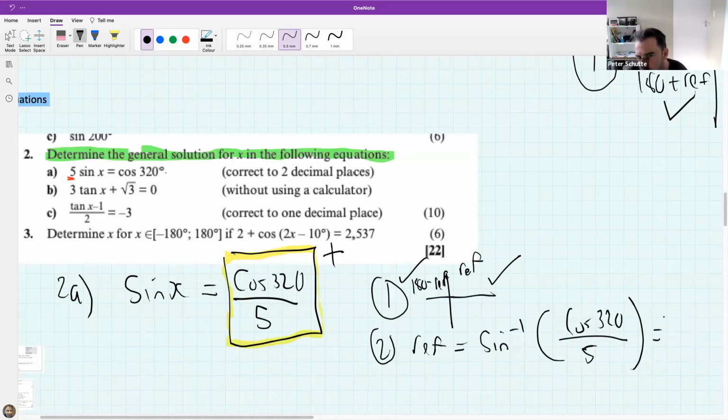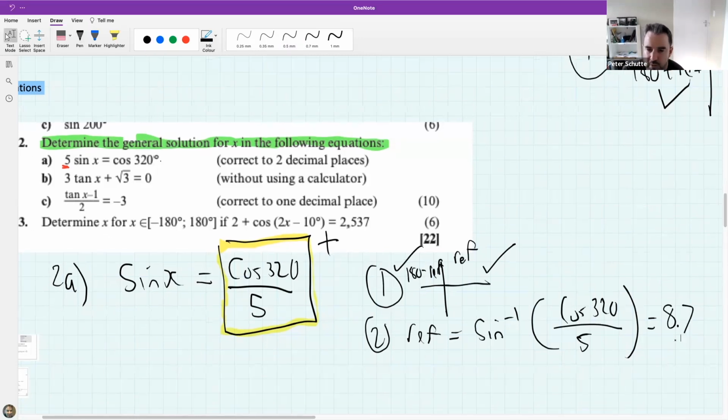It should be somewhere around 8.6 or 8.8, depending on if you've used rounding. So I'm going to say approximately 8.6 to 8.8. Let me just go with 8.7 for now, although that's not the correct rounding, but you get where we're going with this.